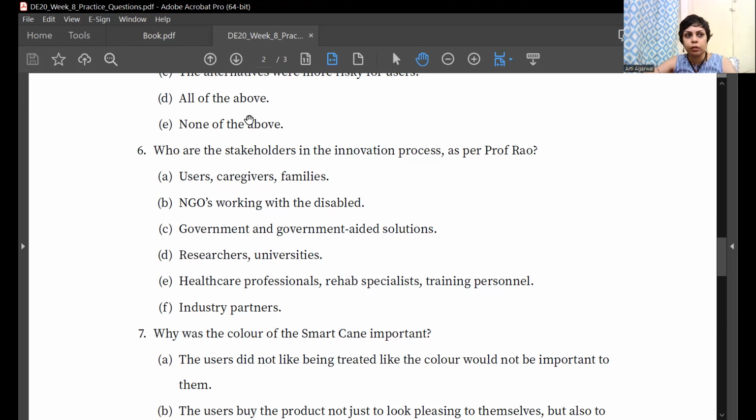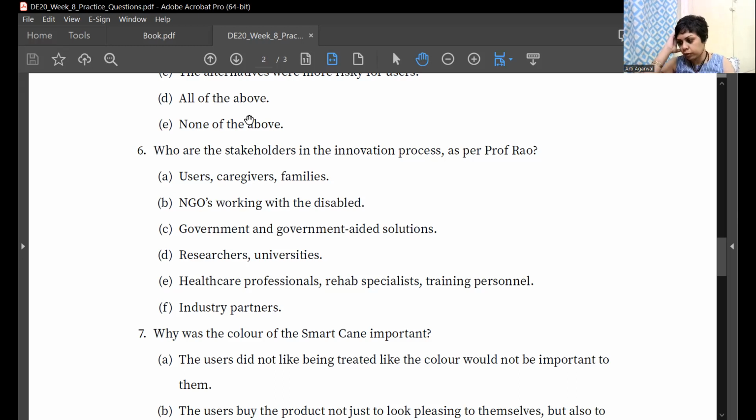People just buy the smart cane on their own. It's not something a healthcare practitioner is prescribing to them or something like that, right? So in this particular case, maybe the healthcare professional is not directly involved, but in many cases, they may be.